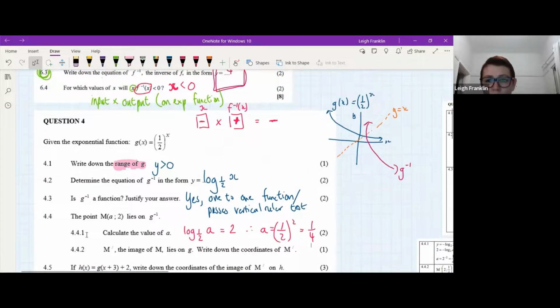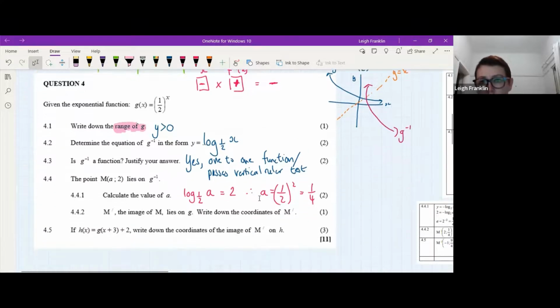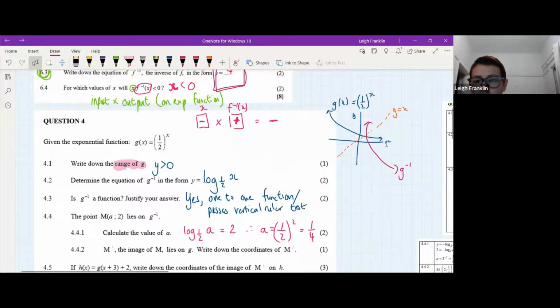So we've got this point (1/4; 2) that lies on the inverse, and its mirror image lies on g. So it lies over the line y equals x.